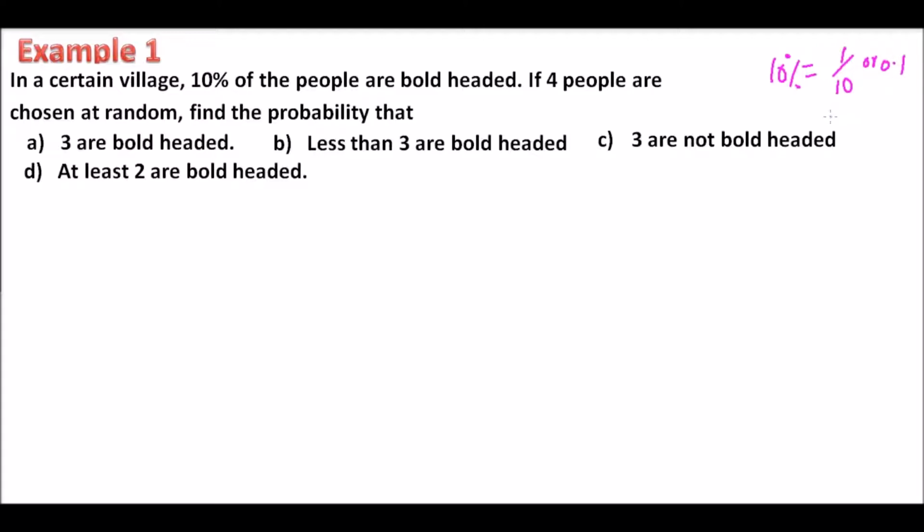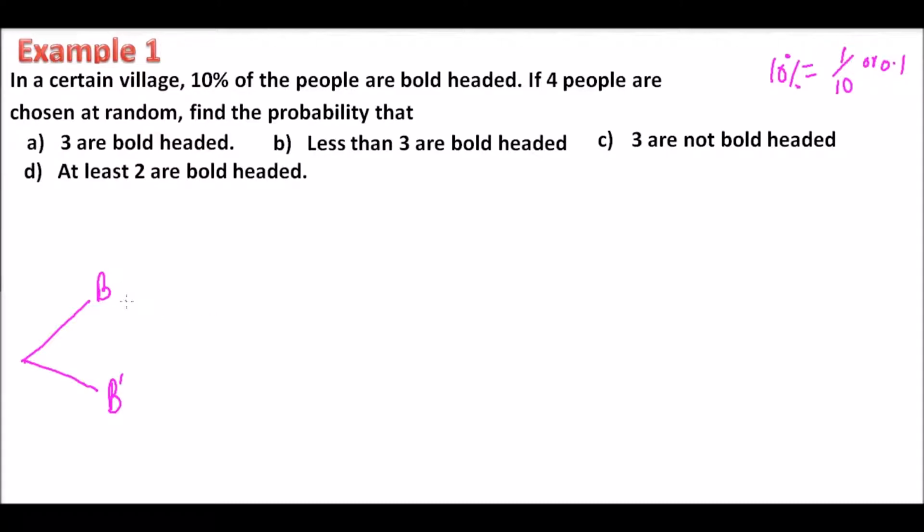So we can use either. We also use the tree diagram to do this. So let's first of all draw our tree diagram. We start from here. We are going to use B to imply bald-headed, and B with an apostrophe to imply not bald-headed.